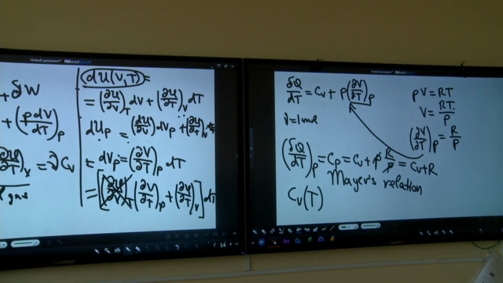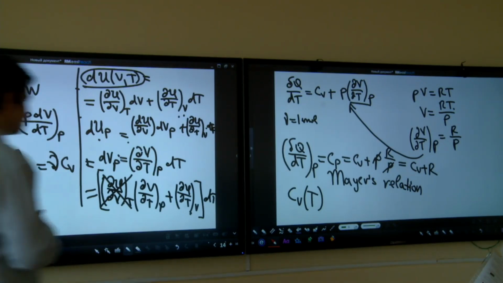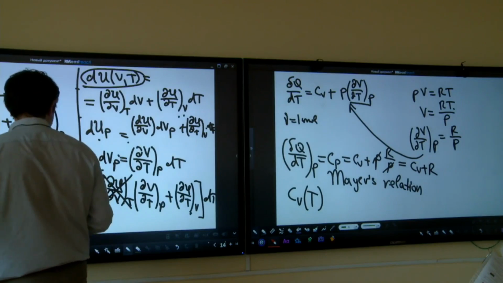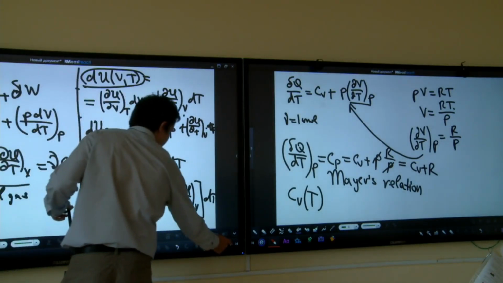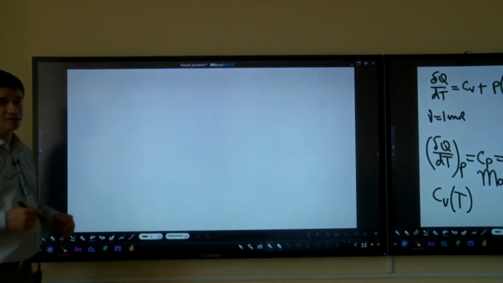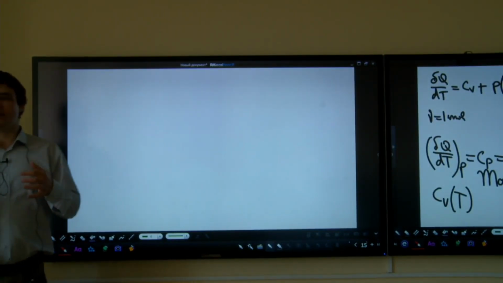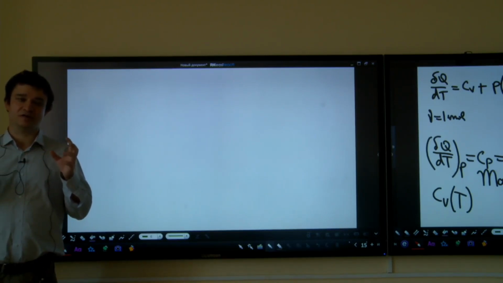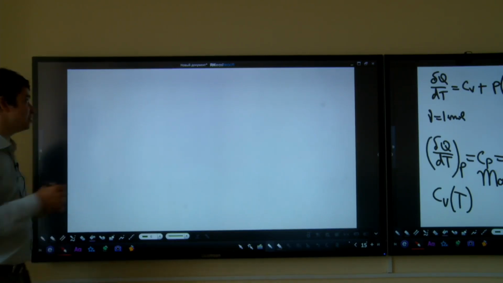Okay, now we are going to finally discuss the polytropic processes. So that's about the heat capacity. Heat capacity is a function of process. And now I can search for processes which have constant heat capacity.